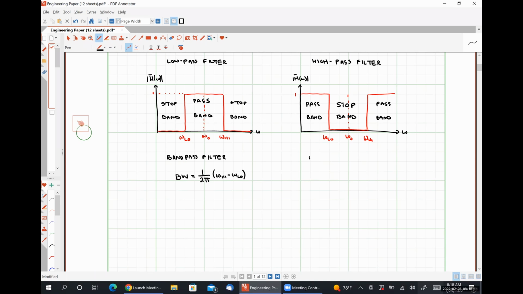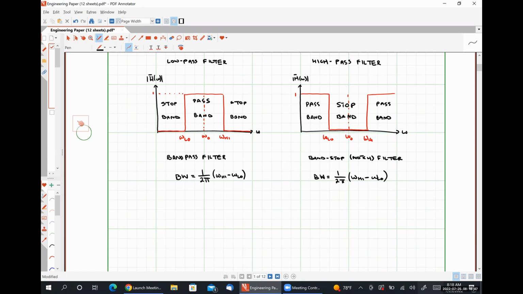And so this is known as a band stop or notch filter, which also has a bandwidth of 1/2 pi times omega high minus omega low, where in this case the bandwidth corresponds to the frequency range over which all signals are attenuated.